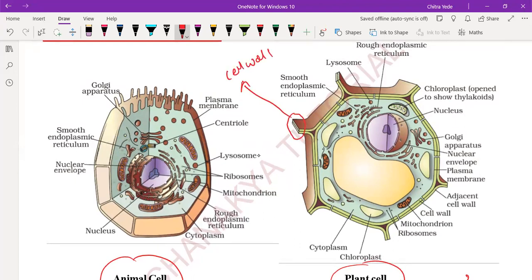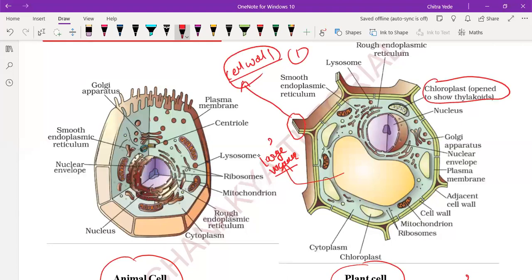Here vacuoles are very large, and they have chloroplasts, which are extra. So here we have the first, second, and third difference.